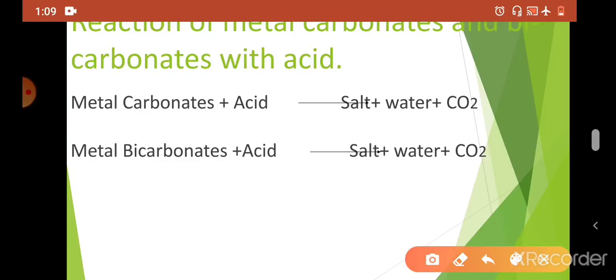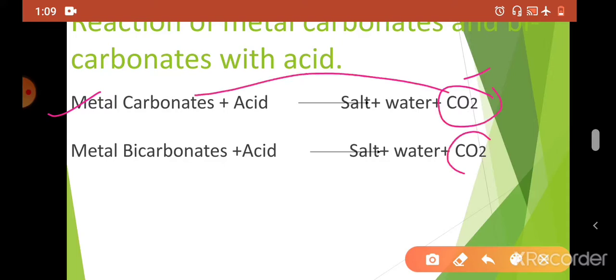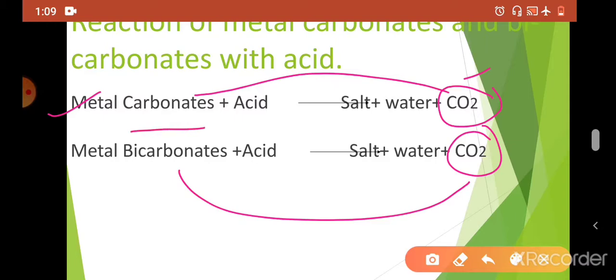Metal carbonates plus acid, the first one I am reading, gives you salt plus water plus CO2. So here one more thing is added, carbon dioxide, which is present in carbonates and also in bicarbonates. Carbonate is CO3, and bicarbonate is HCO3. When they react with acid, they both form salt plus water plus CO2.